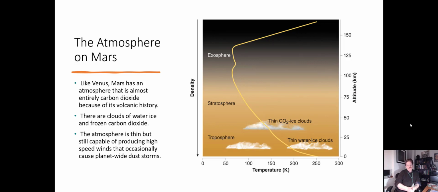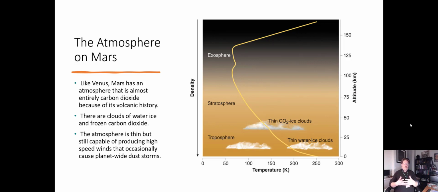Then in the opposite season, when that ice cap cools and the carbon dioxide becomes solid again, the other ice cap is not large enough to basically compensate for it. So the atmosphere varies in pressure significantly depending on if you're in the summer or winter in the northern hemisphere, for example.